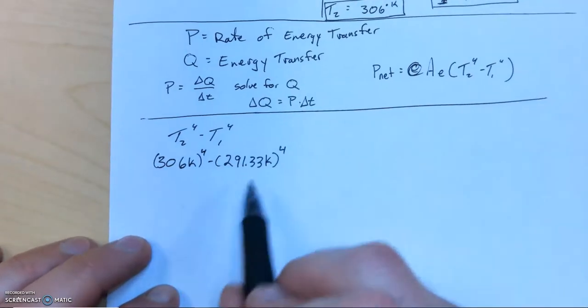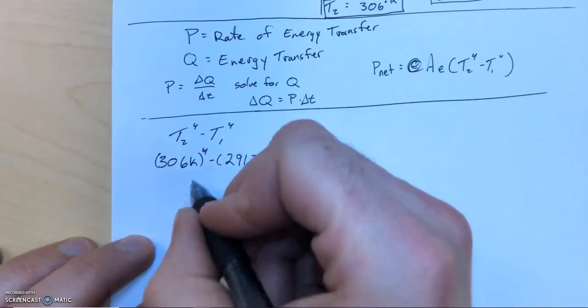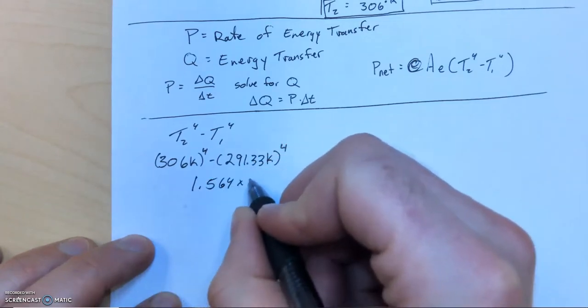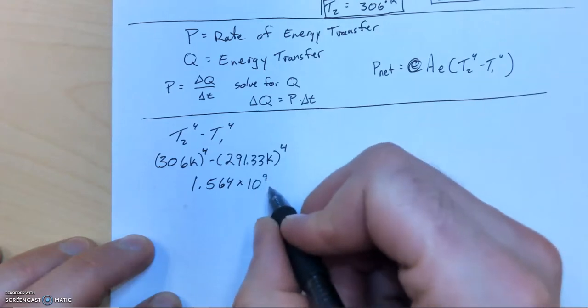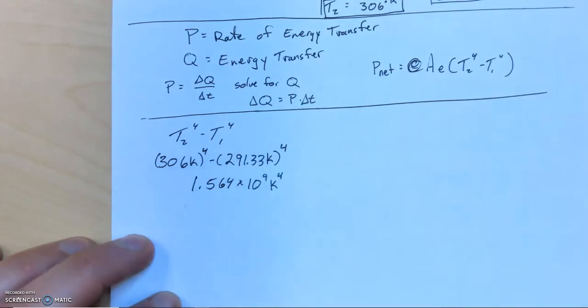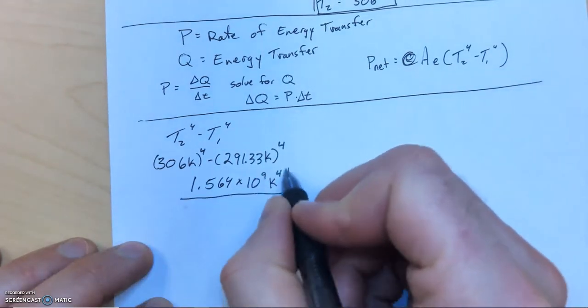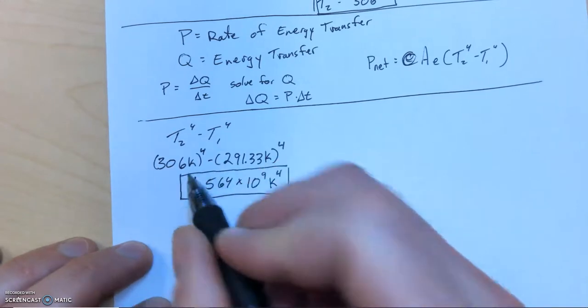This is where the Desmos calculator can come in handy. Multiply that out. We get 1.564 times 10 to the 9th power Kelvin to the fourth power. Okay, so that number we need to put in our back pocket as we move on to the next step.